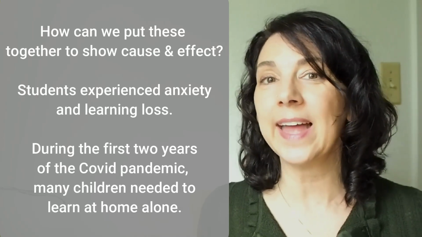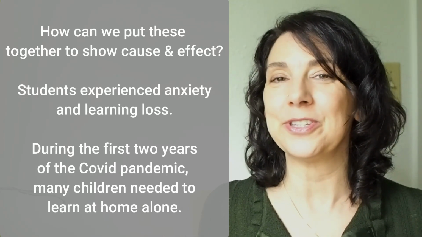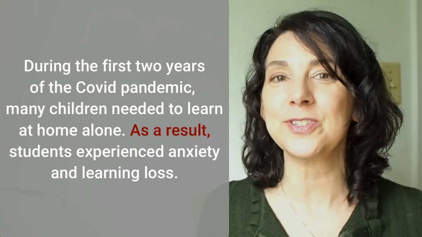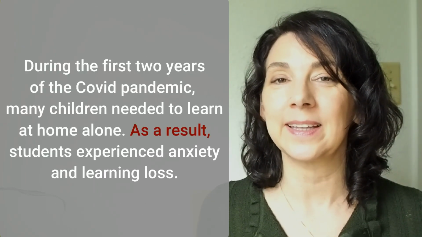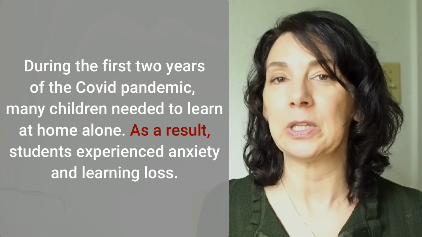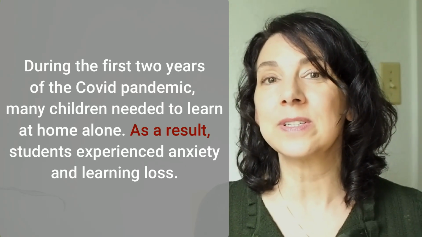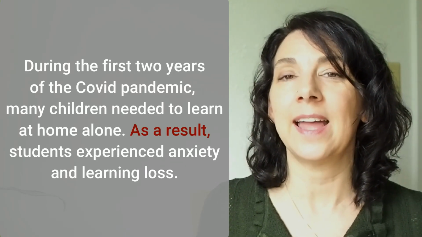You can choose any of the ones that we looked at before. So for example, you can say, during the first 2 years of the COVID pandemic, many children needed to learn at home alone. As a result, students experienced anxiety and learning loss.